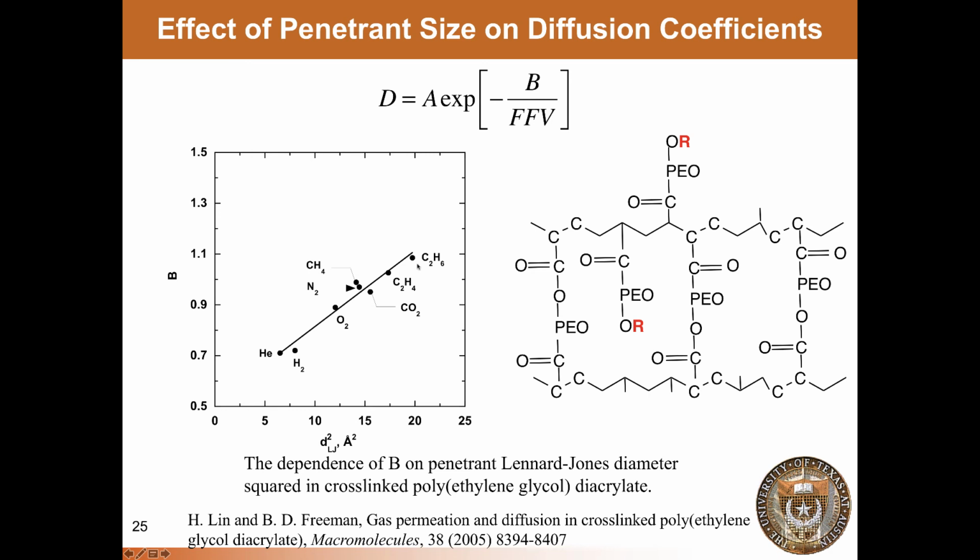To open a gap large enough to accommodate a much larger molecule like ethane is a much rarer phenomenon. It requires a larger fluctuation in chain motion inside the material to create such a large gap, and that requires a lot of energy, and these highly energetic transitions occur very infrequently.